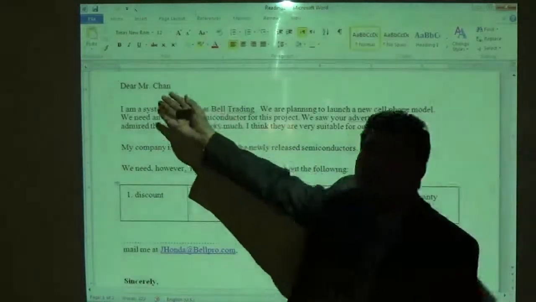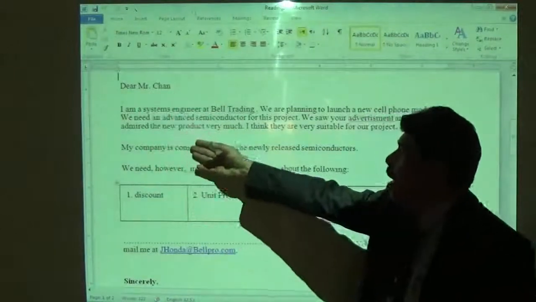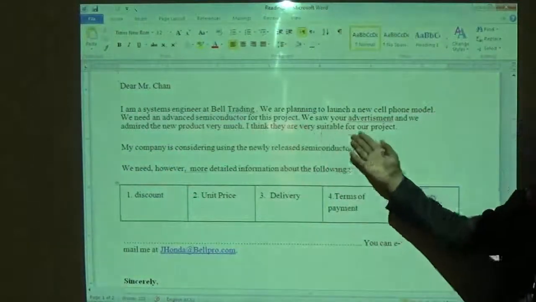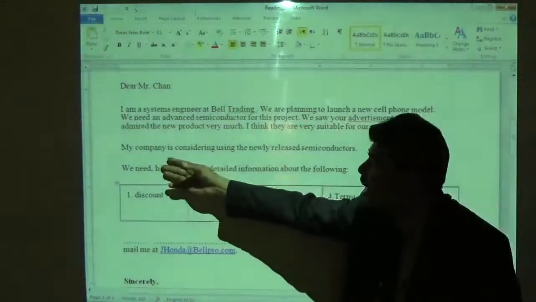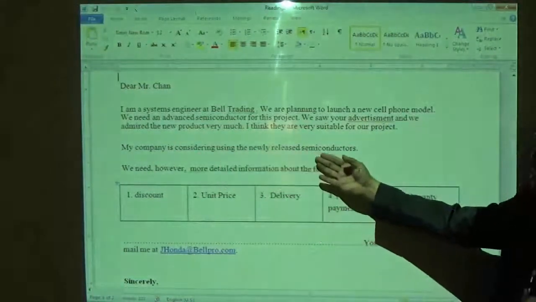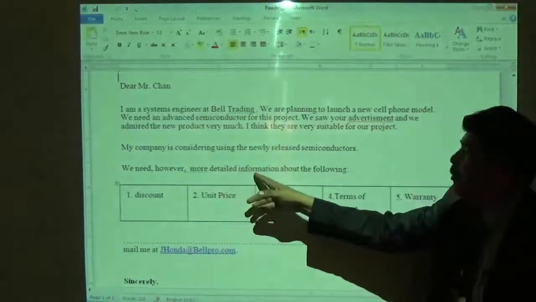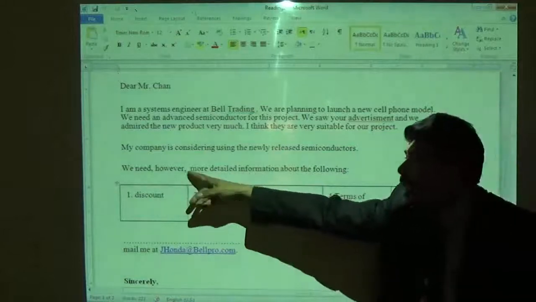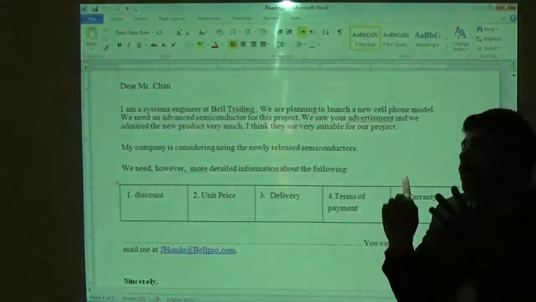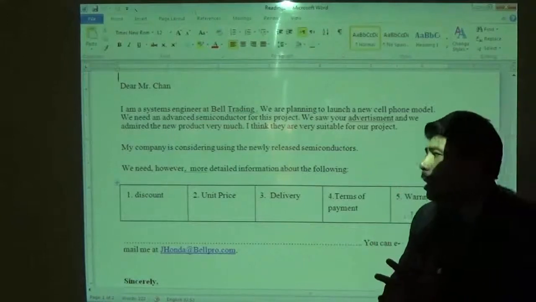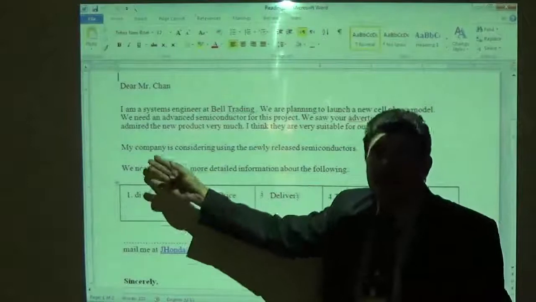You know that we have the formal kind of letters, so we start with "Dear Mr. Chan, I'm a system engineer," and he is telling some information about himself. He is considering using the newly released semiconductors. We need more detailed information. So this is not a complaint, not an application. It's requesting information.